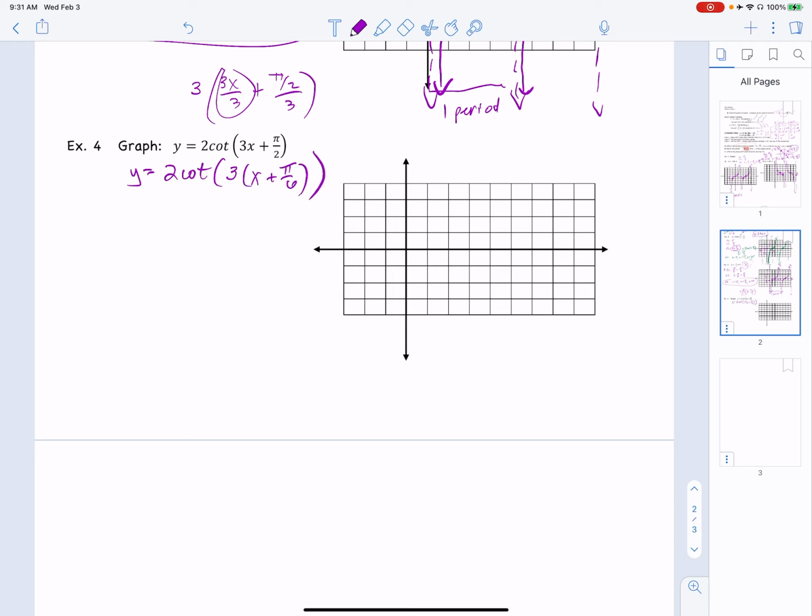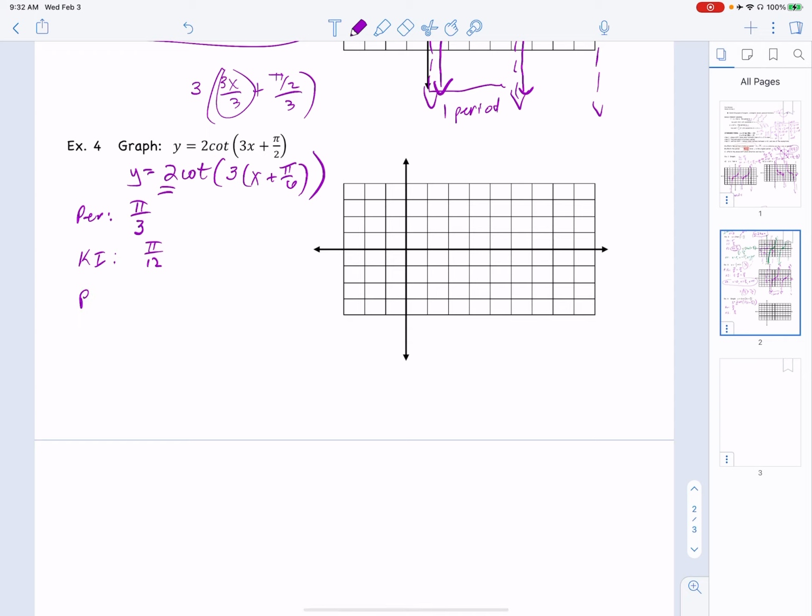So this is going to move to the left, pi 6. There's also going to be a vertical stretch of 2, and there's a period change. So the period is pi divided by b, and my key increment is 1/4 of that, and so it's pi 12ths.